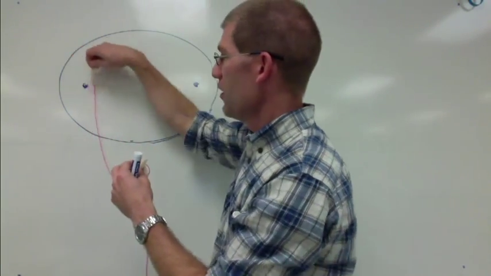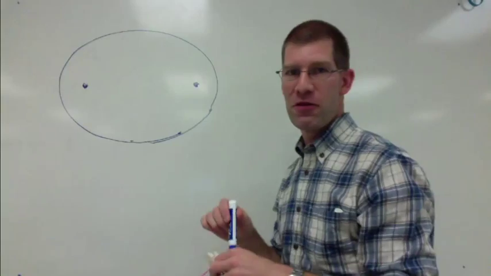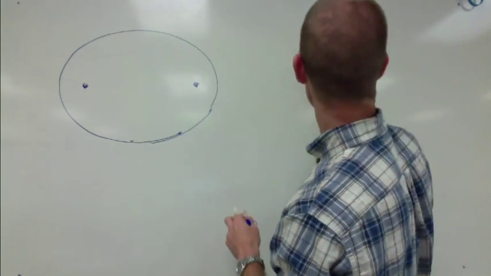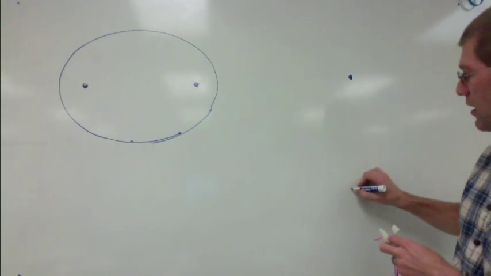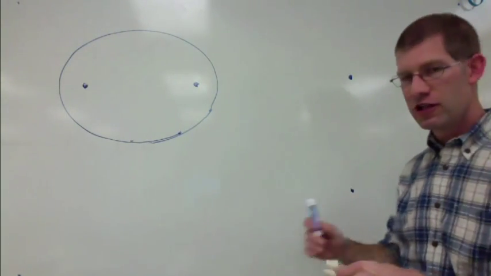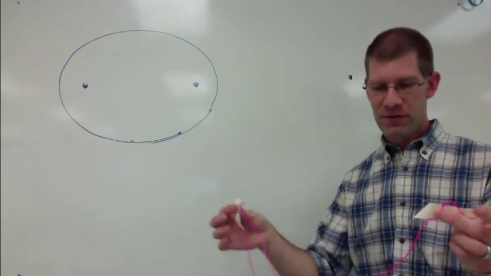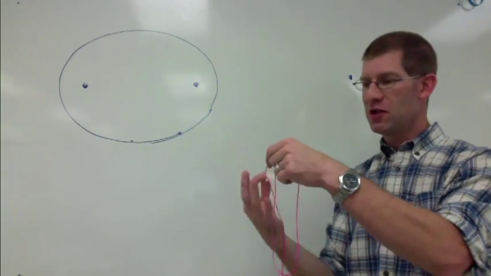If I wanted to, I could also have a vertical ellipse. For a vertical ellipse, we have our foci be vertical. I could go with the same length for my focal constant. I'm going to make it a little bit longer.